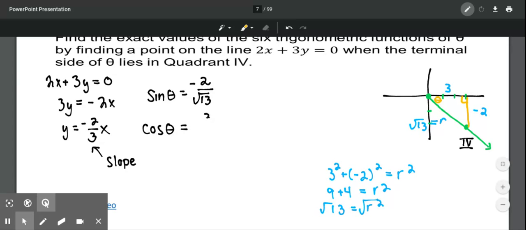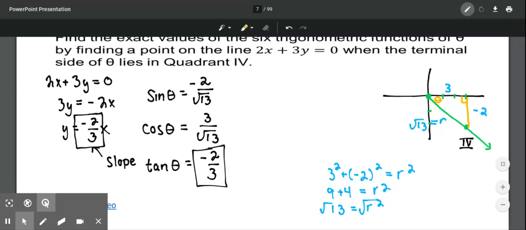Cosine is adjacent over hypotenuse. Tangent is opposite over adjacent. And what you'll actually find out with these problems is that the slope of your line will always be the same as your tangent. So that's kind of a quick little check that you can do.